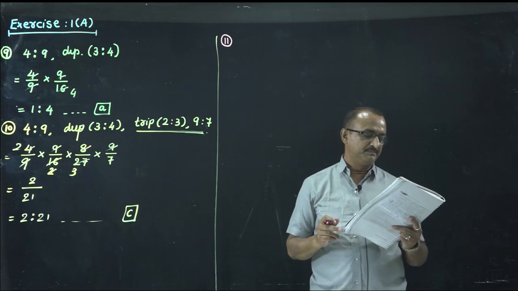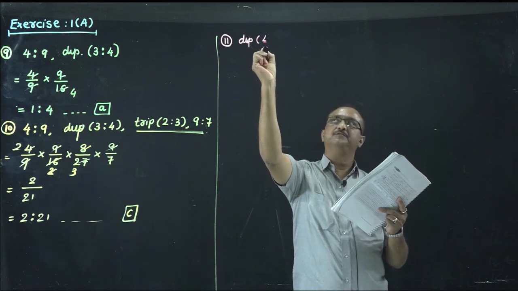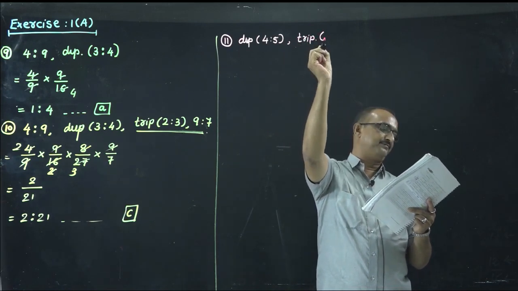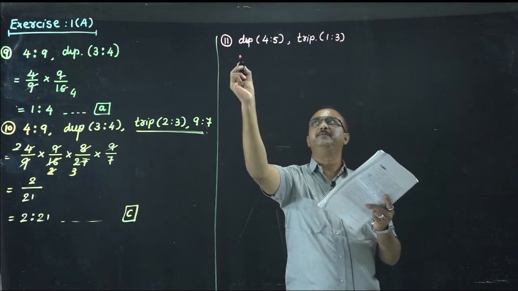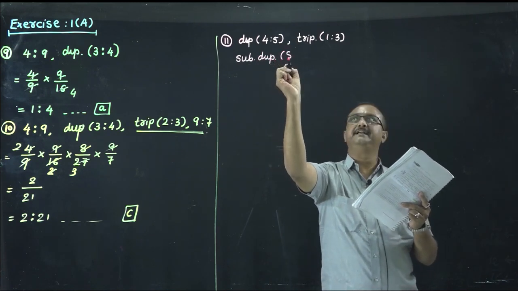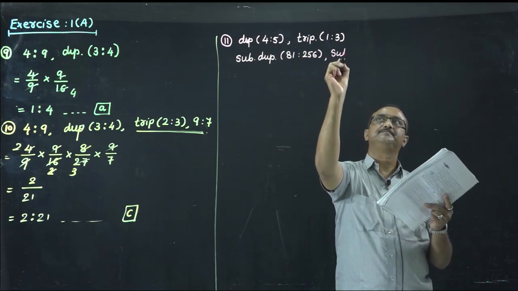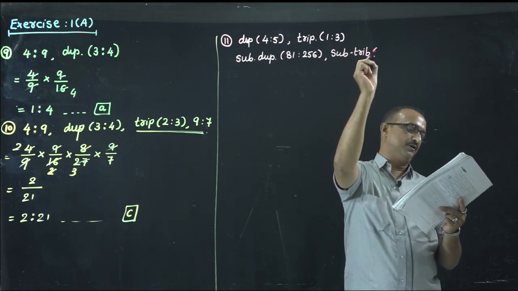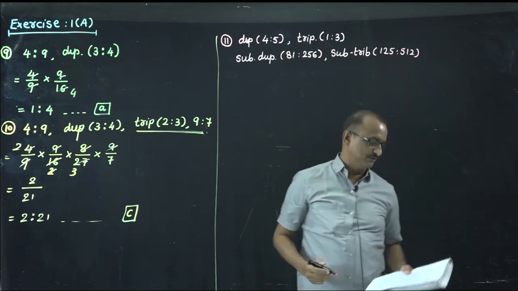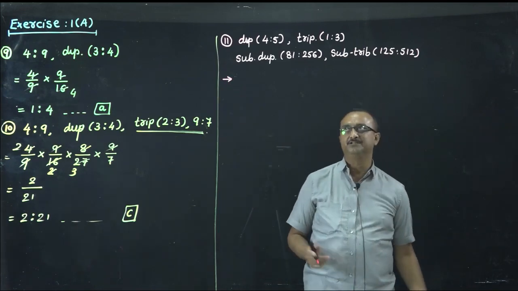The ratio compounded of the duplicate of 4 is to 5, the triplicate of 1 is to 3, the subduplicate of 81 is to 256, and the subtriplicate of 125 is to 512.